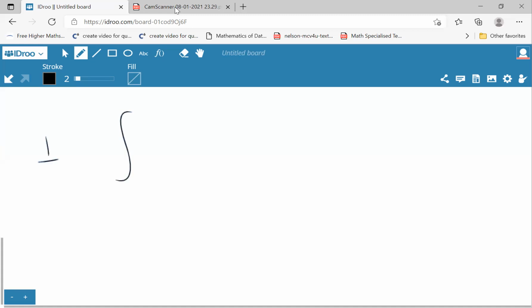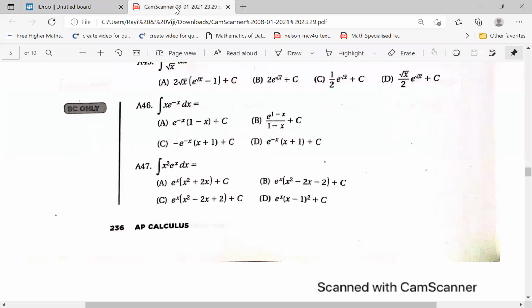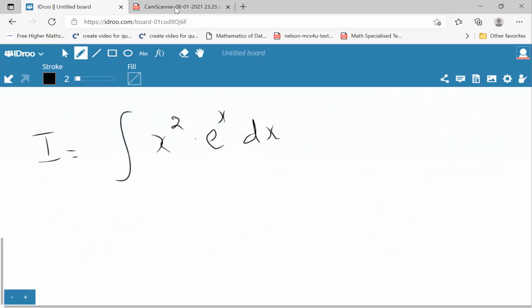Integration of x squared e to the power of x dx. Again, this also is going to be of the form integration of u dv. So the same way, this also can be solved by integration by parts. Let us take u to be x squared.